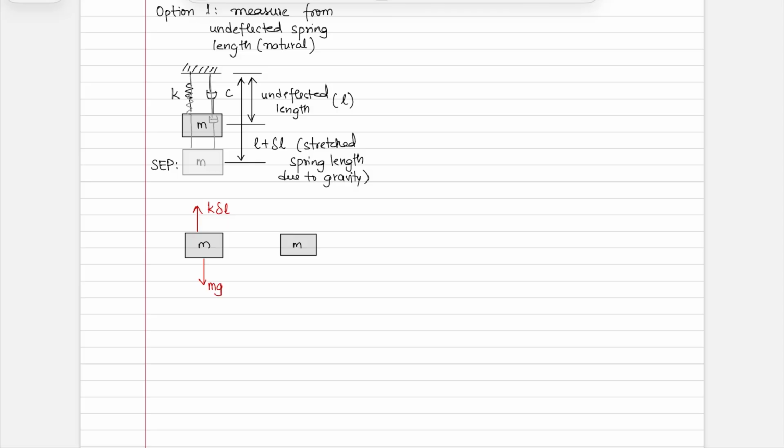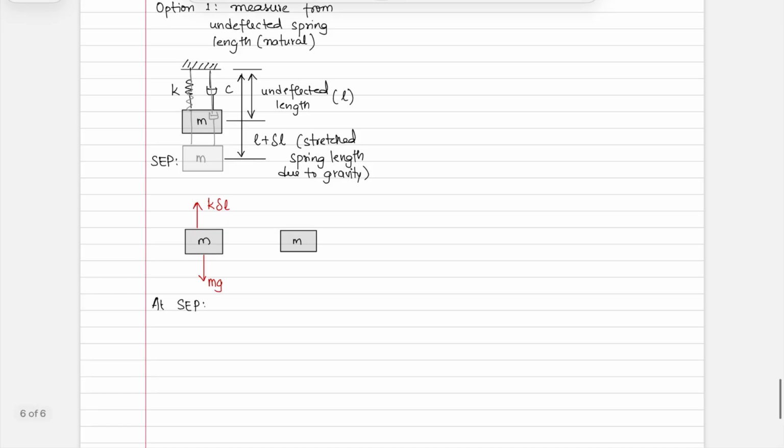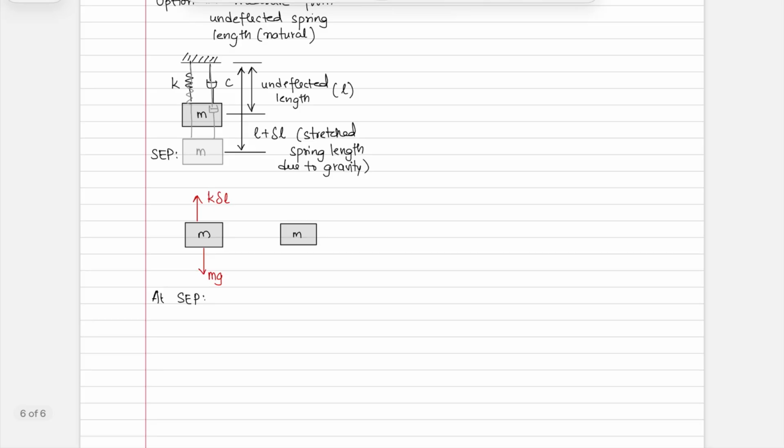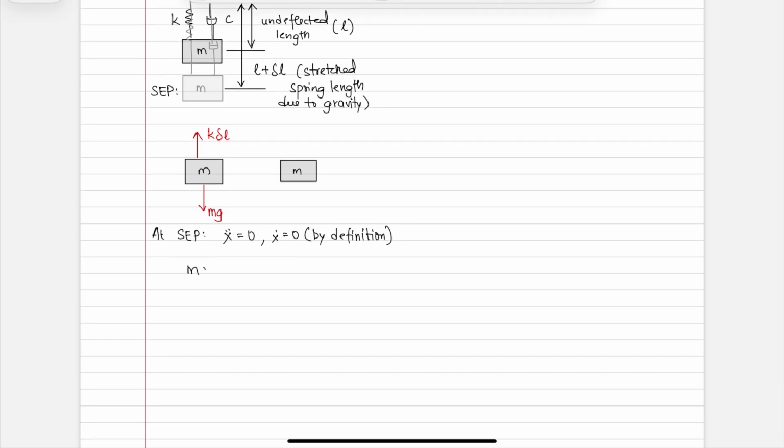So at this position, you now have essentially x double dot is equal to 0, x dot is equal to 0 by definition. And so you have mg minus k delta L, right? To be complete, I'm going to say this is the sum of forces in the free body diagram in the perhaps upward direction is equal to the sum of forces in the kinetic diagram.